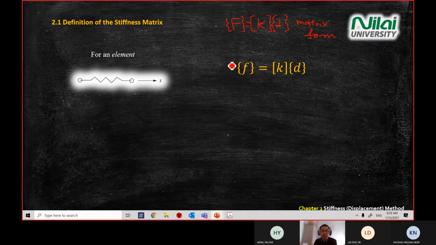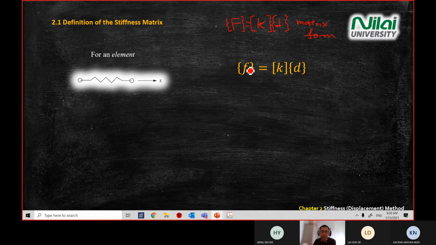On the screen here, you will see the formula that we use has small letters. Previously what we learned was a capital, but for an element we use a small one. The capital F will become the small f. So every time we ask you to analyze an element, you change the equation that we learned a little bit and put in small letters.